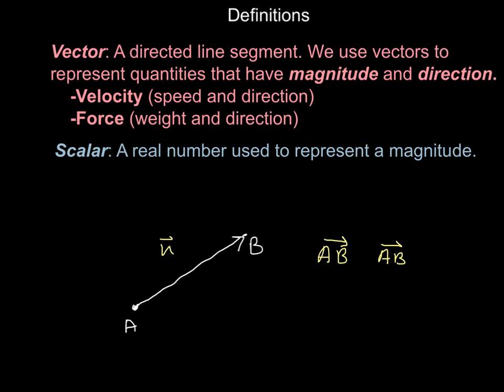Otherwise, if it was in print, that would just be a bold u without the symbol above it. But since we can't write in bold, when we're doing problems on our homework or on the board or at any time, we'll use this symbol right there above the single letter.